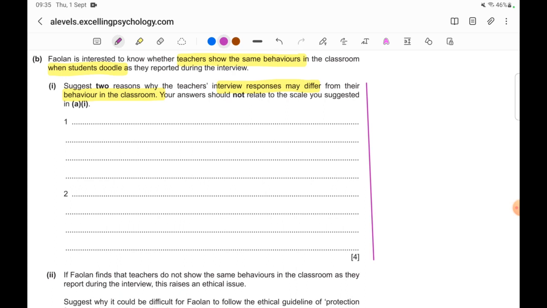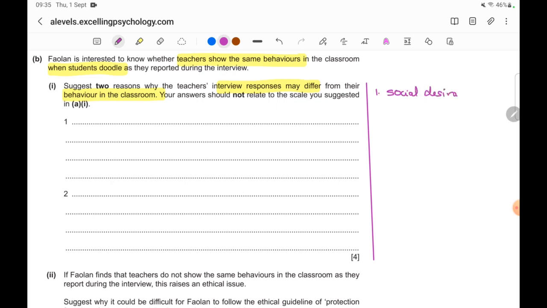Okay, so let's think about it. Let alone teachers, you can think in general, why might a person report something on an interview and behave differently actually? The first thing that will come to your mind as students is social desirability. Yes, you can discuss that.